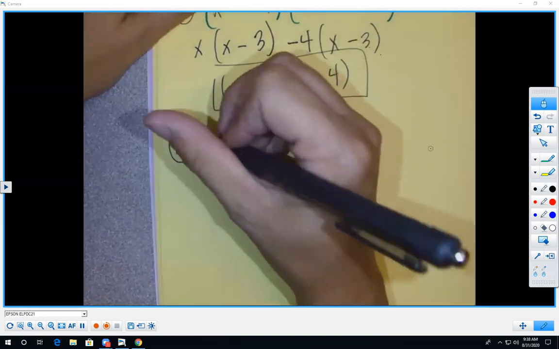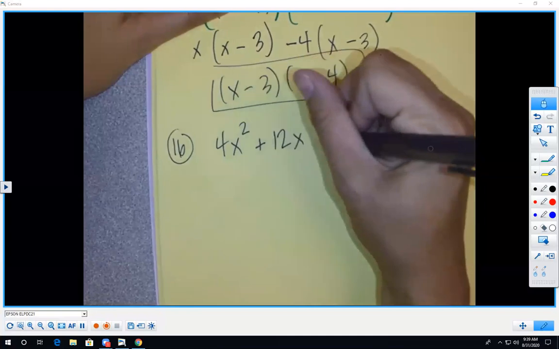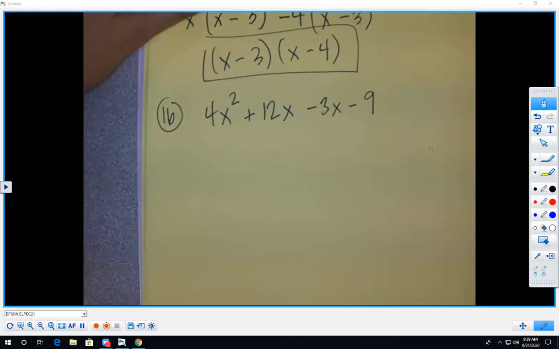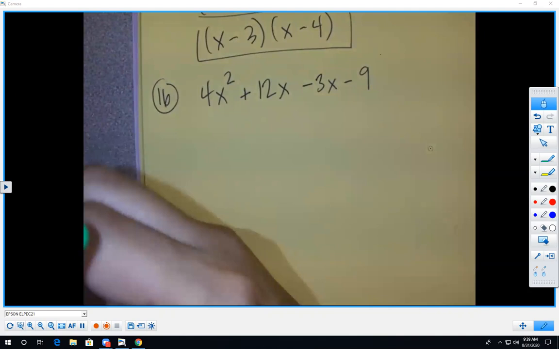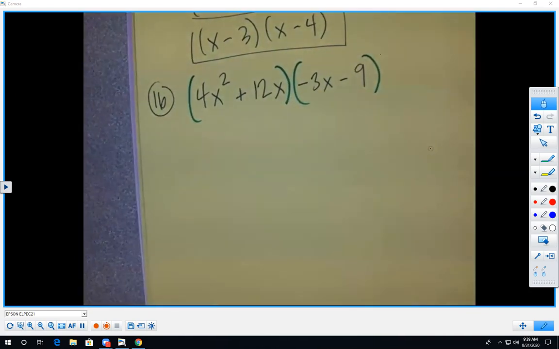If you had 4x squared plus 12x minus 3x minus 9, pull out your GCF on both of them.